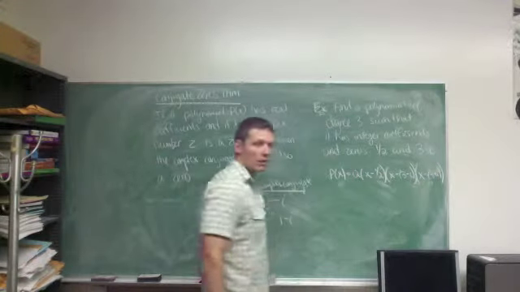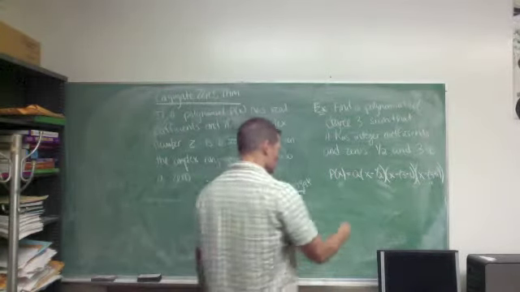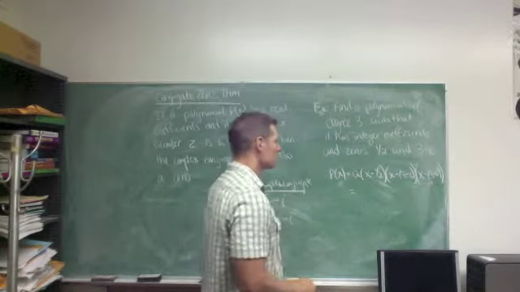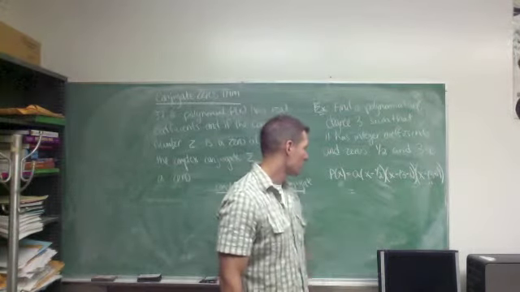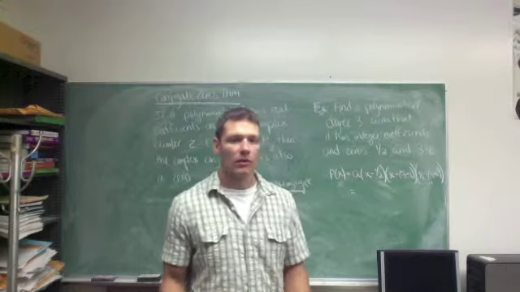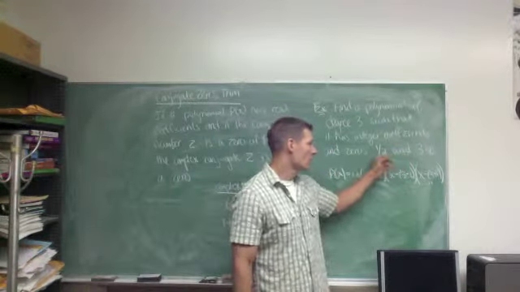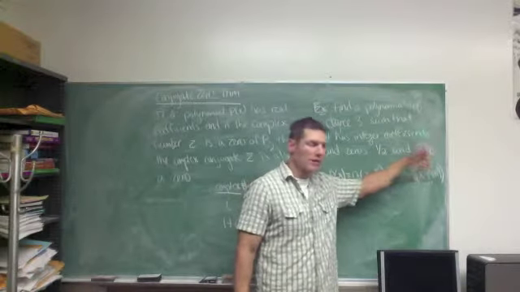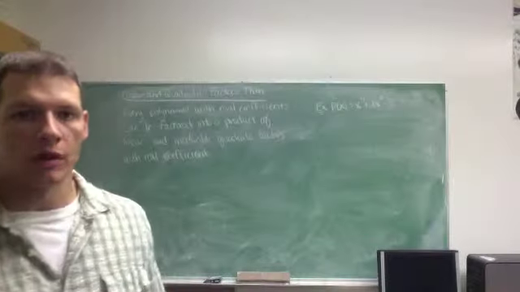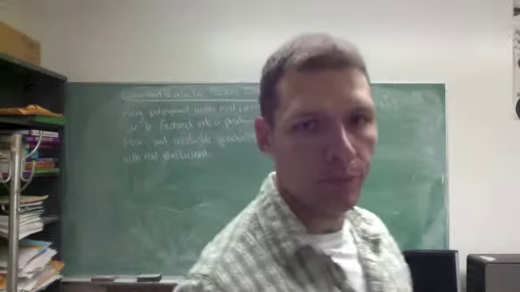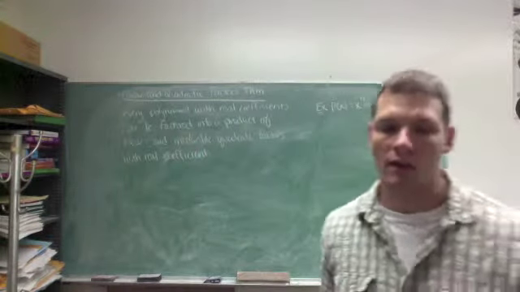Then you can multiply this thing out, and you'll have exactly what we want. So that's how we find polynomials that have given zeros, because if we have one of them, we have its conjugate.